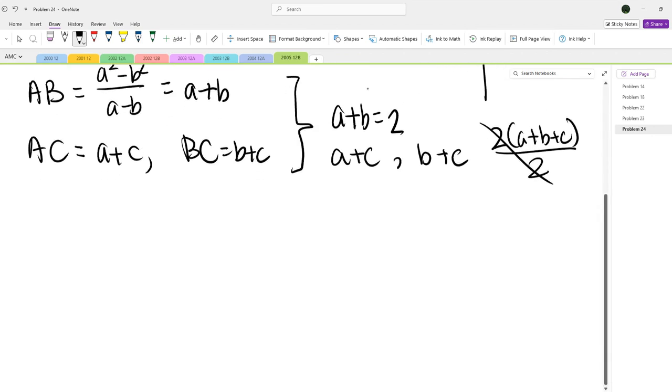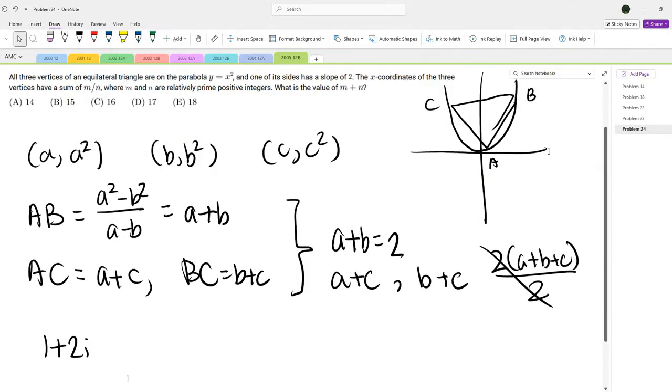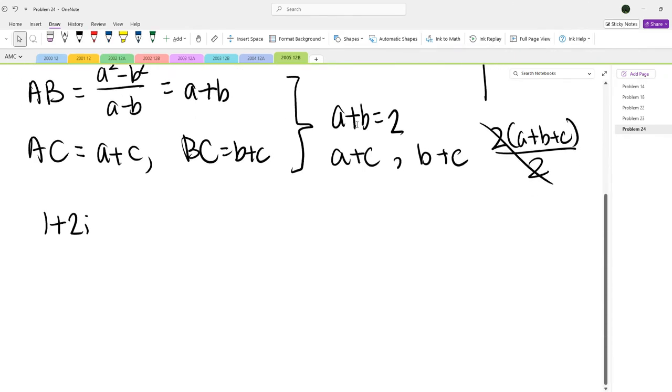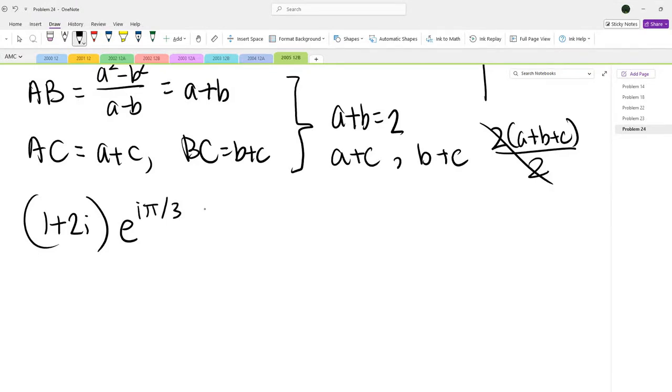And because a plus b has a slope of 2, we can represent that by the complex number 1 plus 2i, because this line segment from the origin will also have a slope of 2. And to get the slope of AC, we know that AC is just a rotation of 60 degrees from AB. So that would be multiplying by the complex number e to the i pi over 3, since that's 60 degrees.